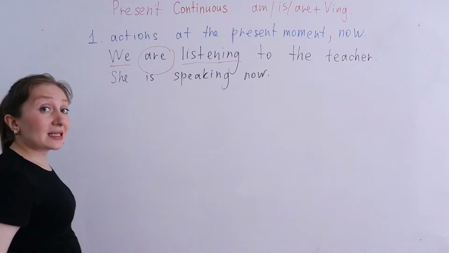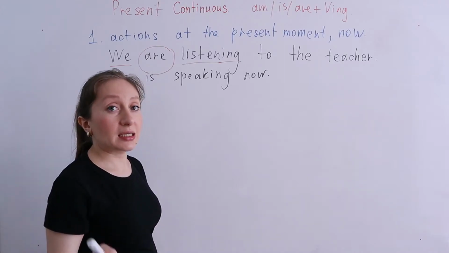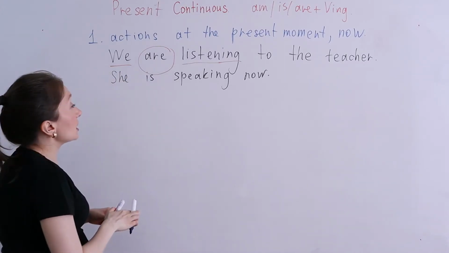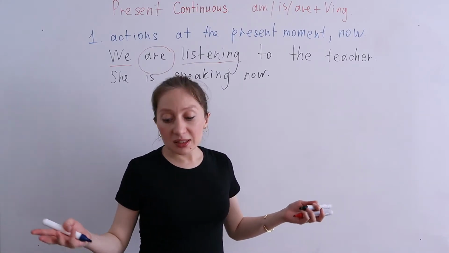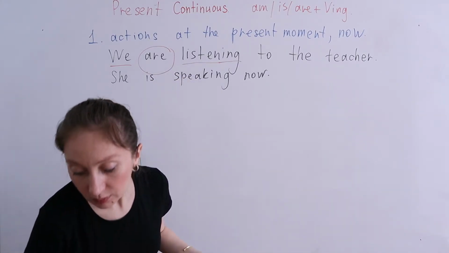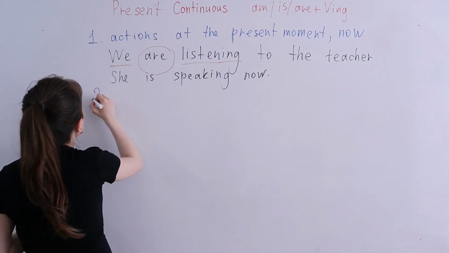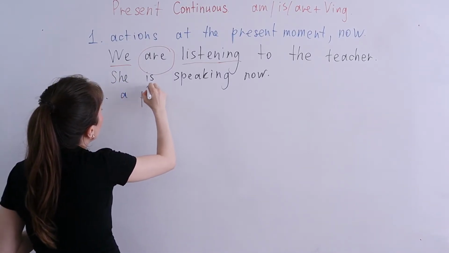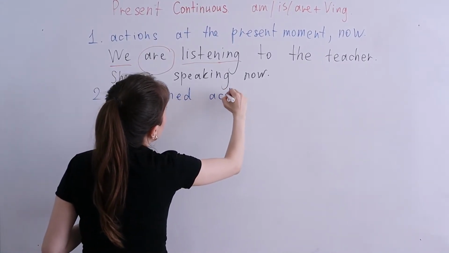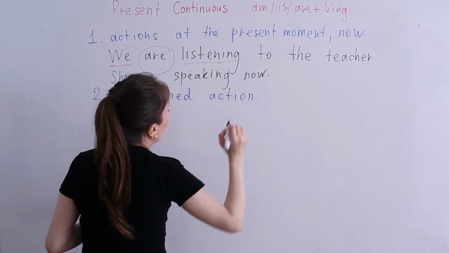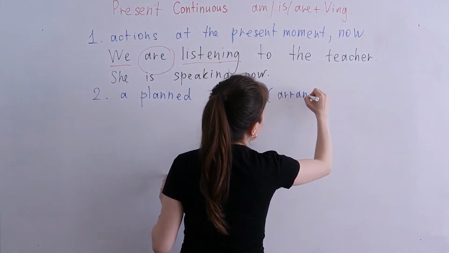So, the next case, number 2, when we should use present continuous is the following. We call it a planned action, or sometimes we call it arranged action, right? Number 2, a planned action, right? Or you can call it arranged.